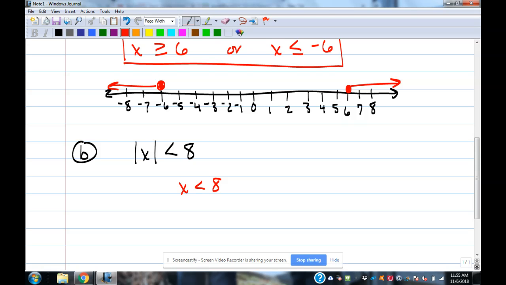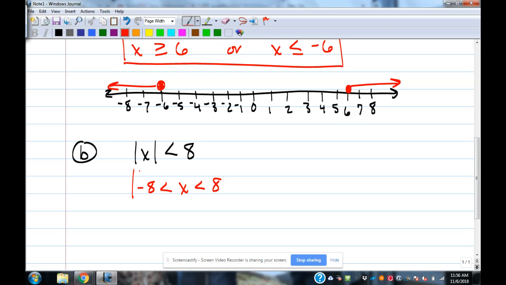It's a less than. And then we put negative 8 on that end. Anytime it's an and problem, you can set it up as a sandwich. Opposite sign, less than symbol, X, or whatever's inside the absolute value, less than symbol, then the number. So we're going to set them up like that.